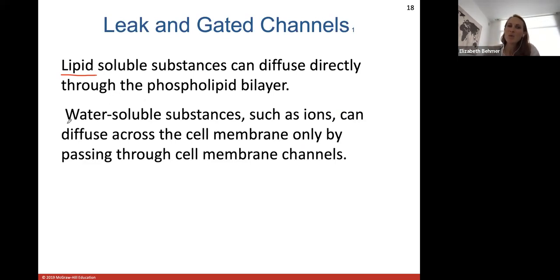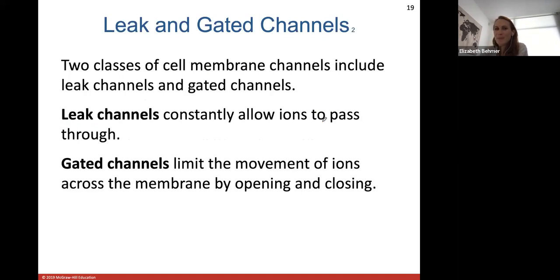But anything water soluble, such as an ion, can only diffuse across the cell membrane by passing through a channel. We have two types of channels. Leak channels constantly allow ions to pass through. Think of leak channels as always open, with ions constantly leaking through.